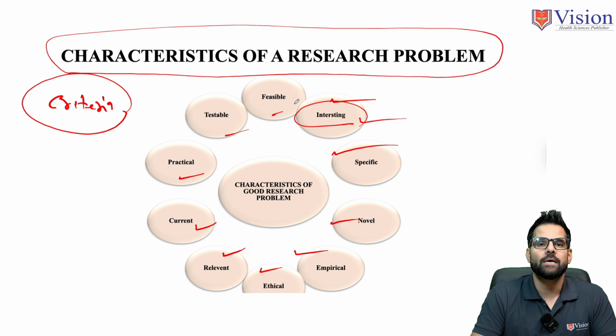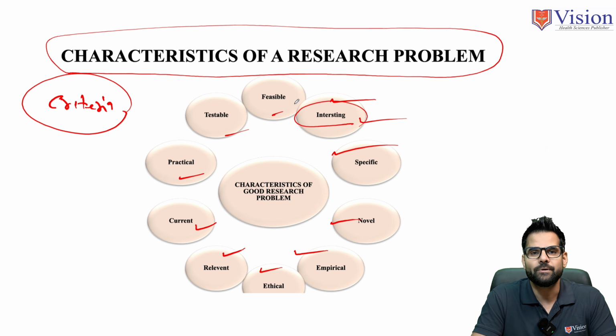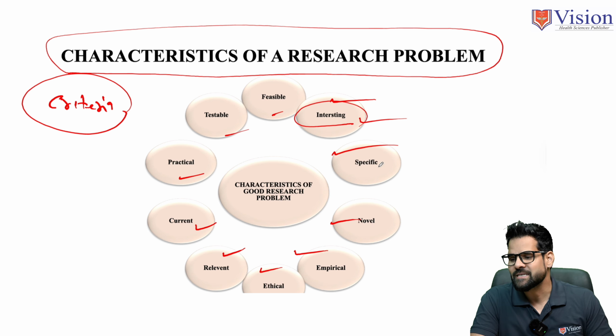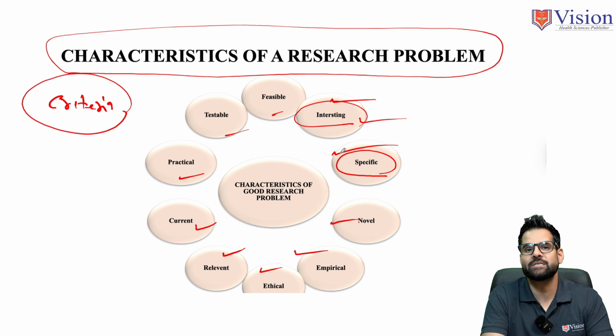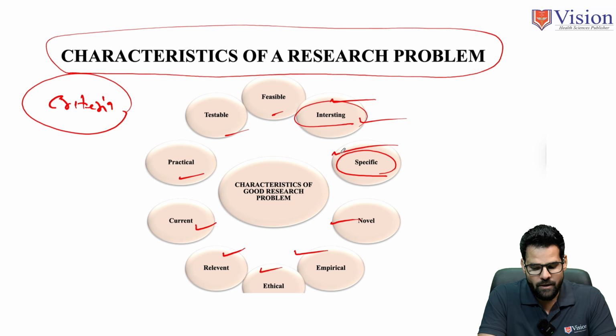Interesting means that anything you want to do should generate and trigger your own interest. It is one of the most important criteria for good research. If I am doing research in something I am not interested in, it will not be good research. It should be specific. I have to focus on a specific point. Like, what are the problems among nurse educators?